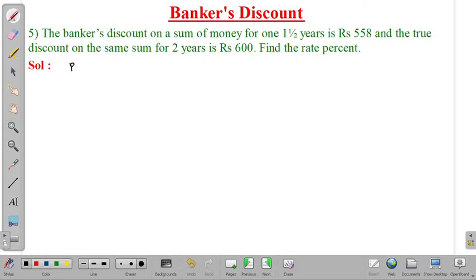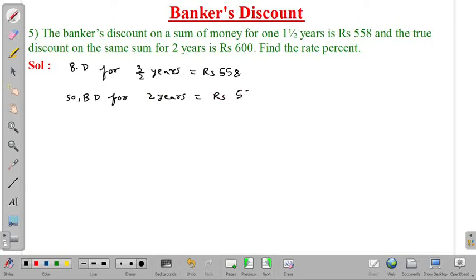So the banker's discount for 1.5 years, or we can say 3/2 years, is equal to rupees 558. So we can calculate the banker's discount for 2 years. See, how much will it be? Rupees 558 is the banker's discount for 3 by 2 years.